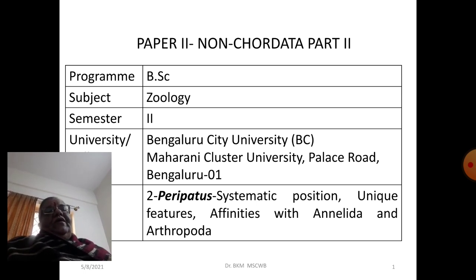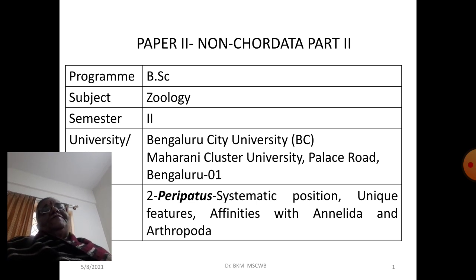And then affinities. Sometimes few animals, though they don't have any economic significance, have zoological or phylogenetic significance, in the sense they share the characters of two different phyla and sometimes more phyla.